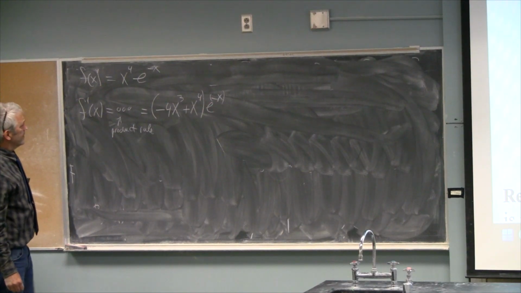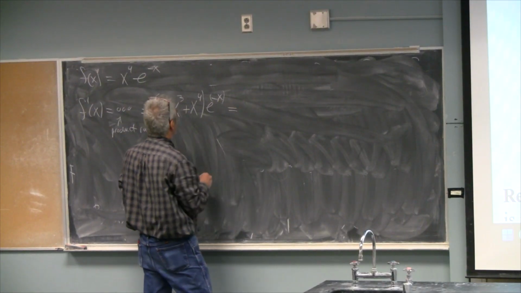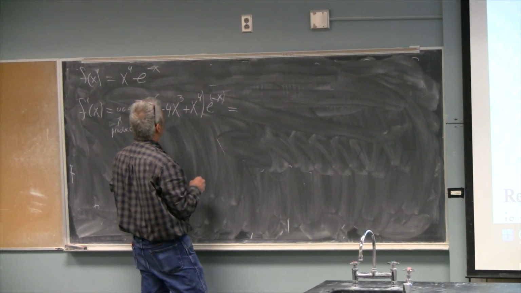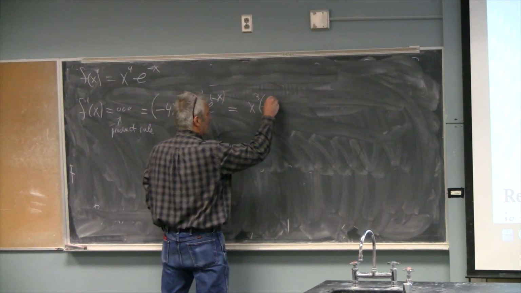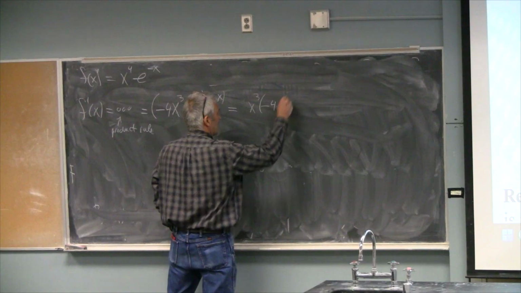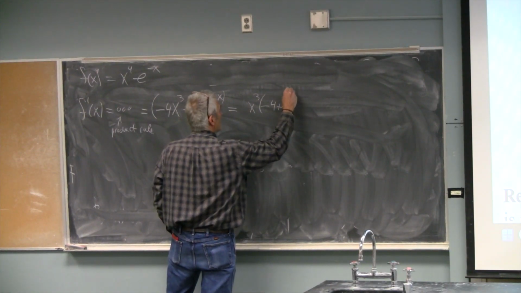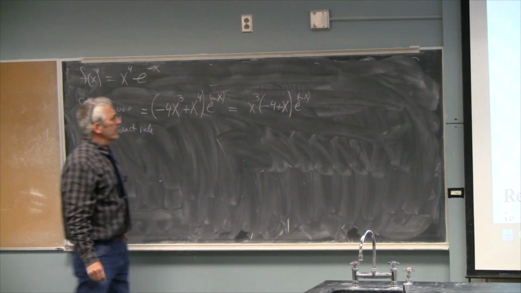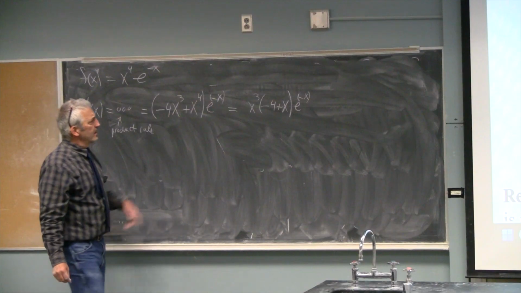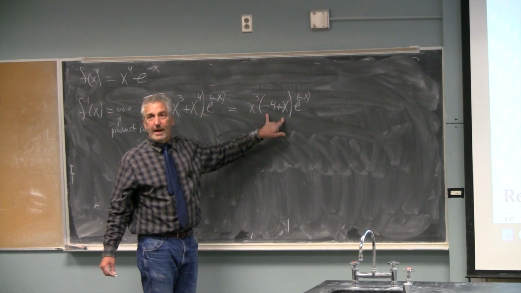Now I can write this in a couple of different ways. First of all, I can factor out an x cubed. And then I want to go one step further because I don't like factors of this form that say a number minus x.